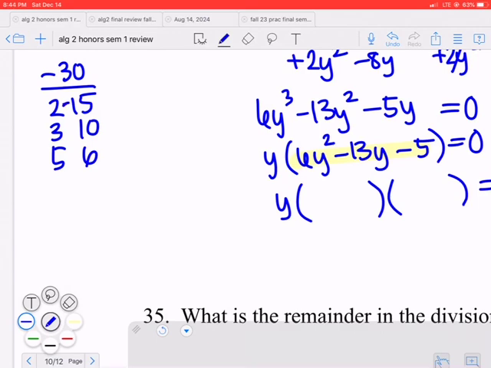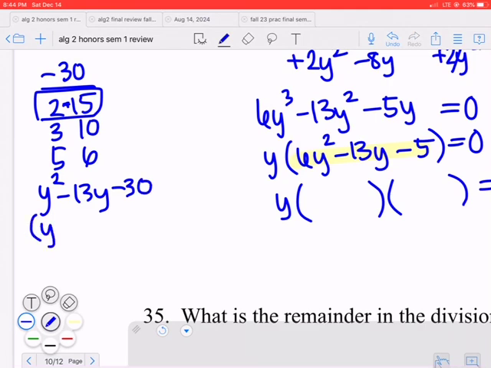So that would be negative 15 and positive 2. So then we would have y squared minus 13y minus 30, and then we would have y plus 2, y minus 15, but that's over 6.